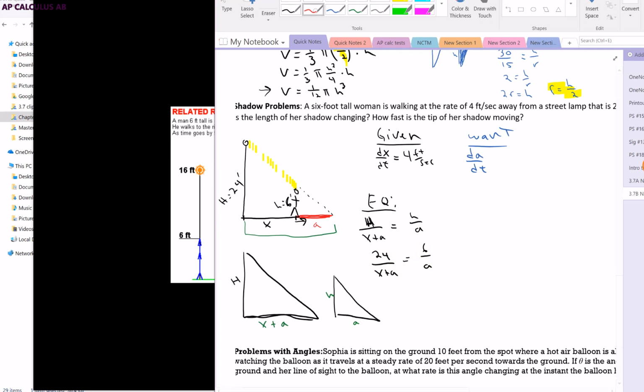Let's do some cross multiplication on this to get 24a equals 6 times (x plus a). So 24a, let's clean this up a little bit, is 6x plus 6a. Subtract 6a on both sides, and you get 18a. So the equation we're using here is 18a equals 6x.